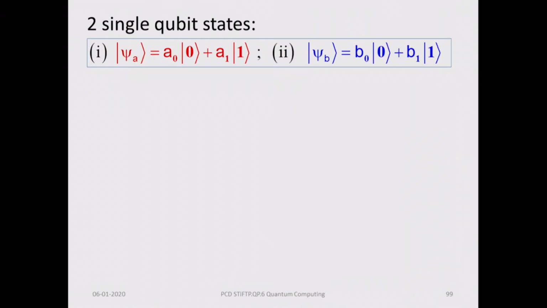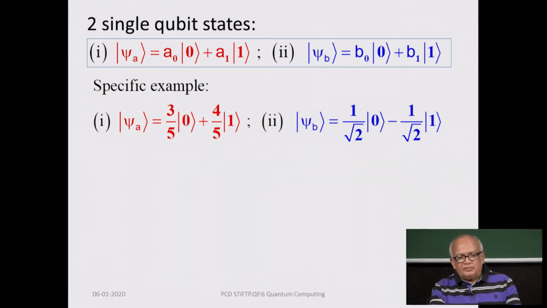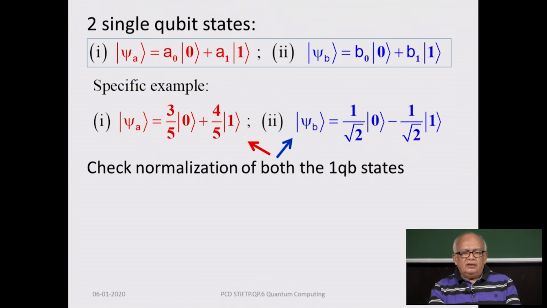So, let us take an example. Let us take two single qubits. Let us take a particular example in which we give some values to the coefficients A0 and A1. Okay? You can quickly check out that the states that we have used are actually normalized.